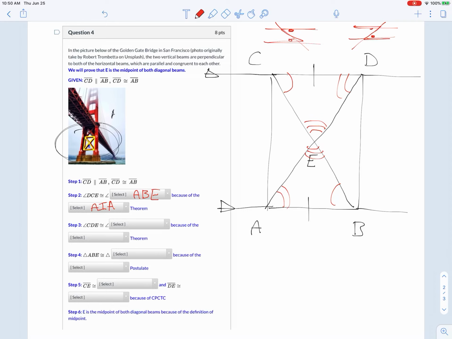That's what we used. Step 3, angle CDE should be congruent to, all right, CDE goes 1 mark to 2 arc marks to 3. That should match with 1 arc mark to 2 arc marks to 3 because of alternate interior angles. They were different transversals, so there we got some good stuff from there.